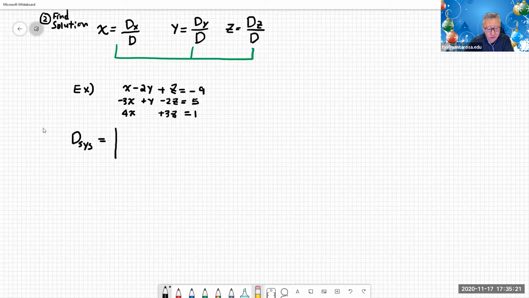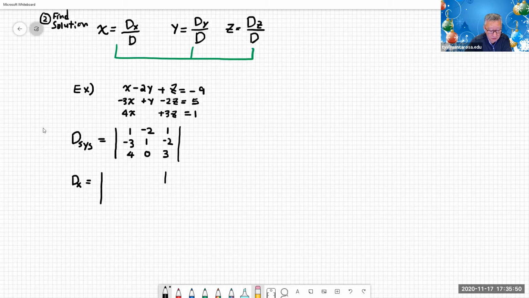So here we're just going to have 1, minus 2, 1. And then I have minus 3, 1, minus 2. Then I have 4, 0, and 3. So that's going to be my determinant of the system. Okay. Next one, I'm going to have the determinant for x.